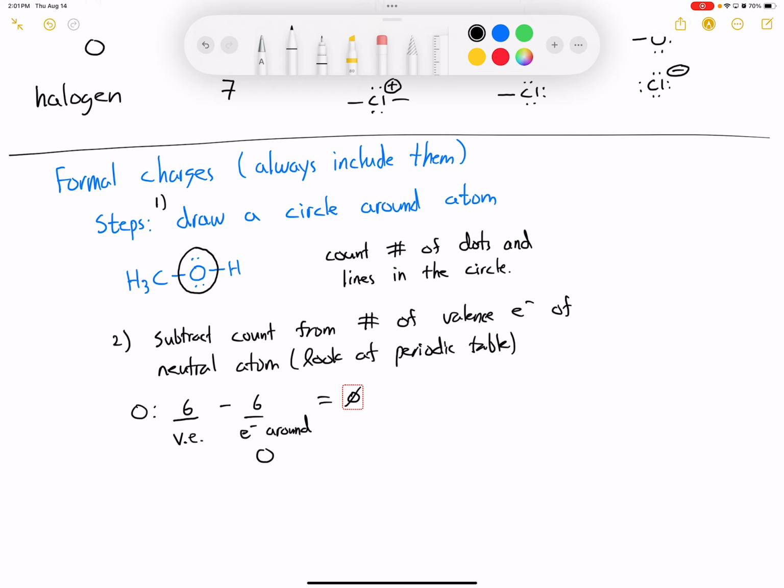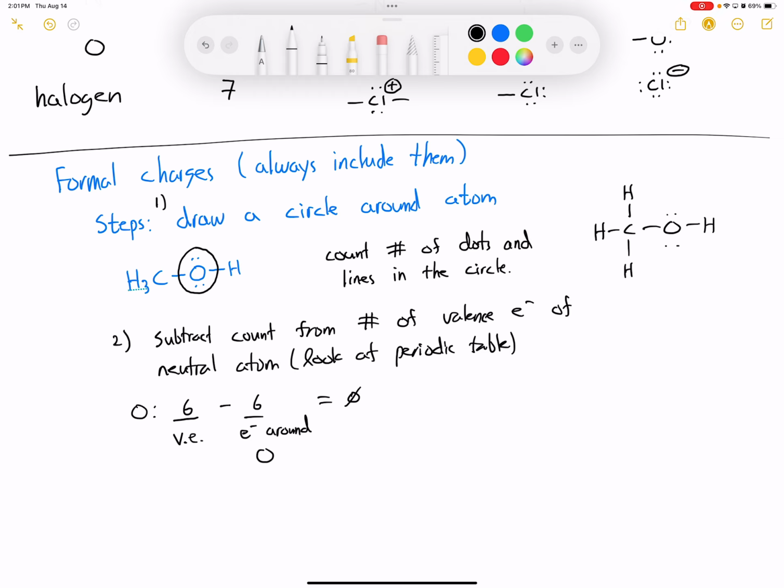So you could do that for any atom in question, okay? So if you want to test this out, you could do it for the rest of this molecule. So this molecule looks like this. This is methanol. You could do it for each oxygen, each carbon atom, and each hydrogen atom if you wanted to. And if you do this method, the charge should always be 0 because there's no charge associated with methanol.